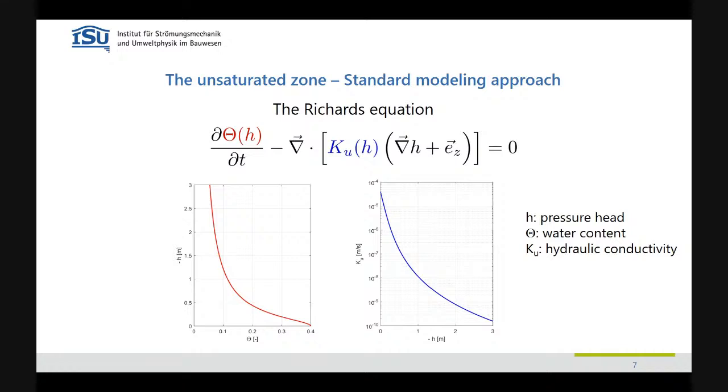It says the change of mass with time, and mass is here represented by the water content or saturation, if you wish, equals the divergence of a flux, and the flux is a Darcy flux. So it has two parameters, and one is the water content and the other is the hydraulic conductivity. And the variable is the pressure head, which is negative in soils in the unsaturated zone. So we have an under pressure, and this is because of the capillary forces.